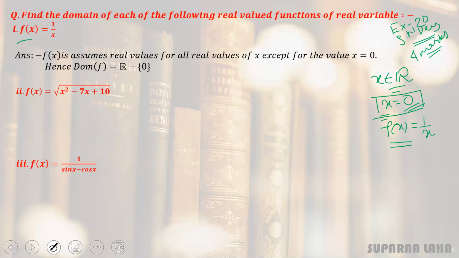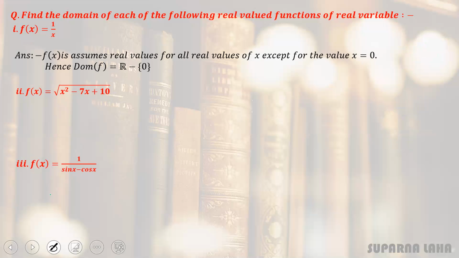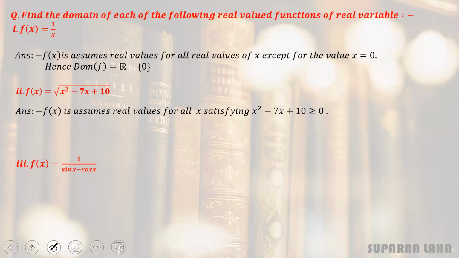Clear? Next one, root over x square minus 7x plus 10. This is the function. This is the real valued function. Now we need to check the values for x in such a way that it will be a real function.